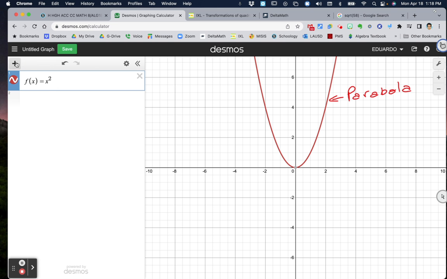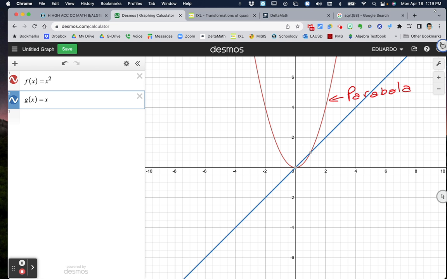So hit the plus sign. And we want another expression, but we're not going to call it f of x. Let's call it g of x equals. I'm going to do this one a little different. Let's start with x squared.